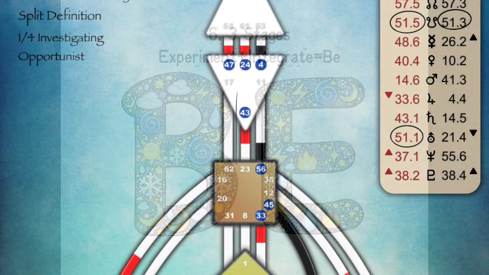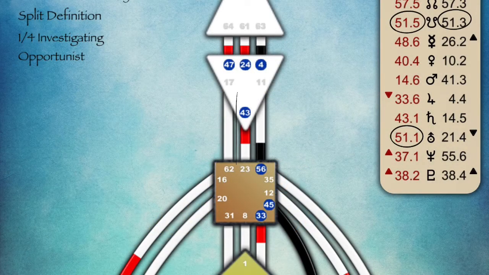And the other thing that I think I've mentioned before, but I just want to say one more time because it's important, is that if you have a gate in your body graph featured more than once, you're going to look at the lowest line.